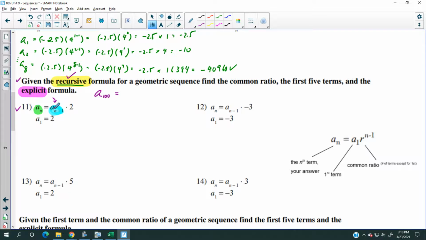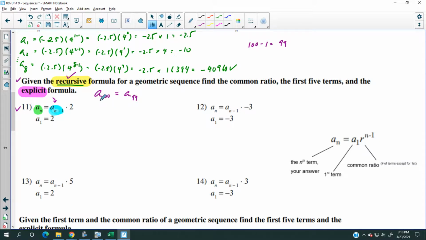What it's saying is, take the term before that. Now, n minus 1: if I have 100 terms, and I want the term before that, and they say minus 1, that would be the 99th term. That's all this is.